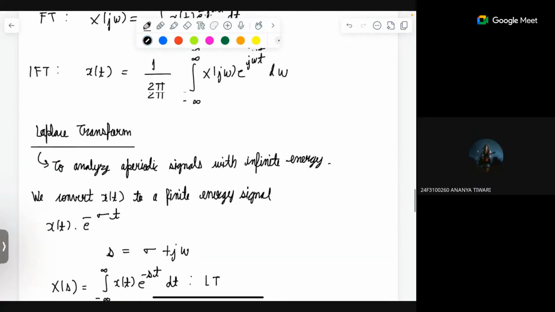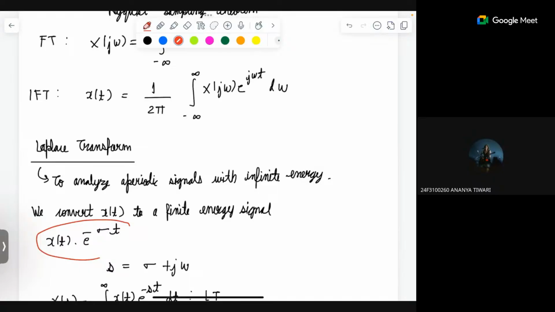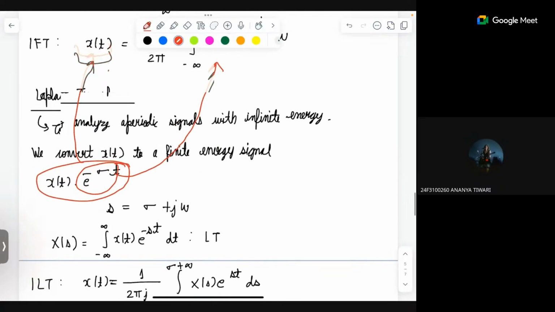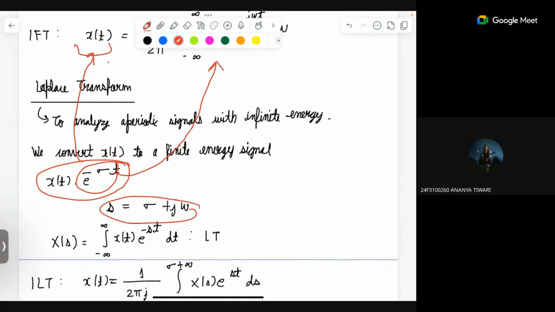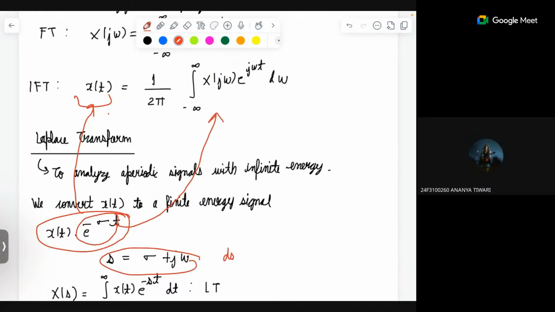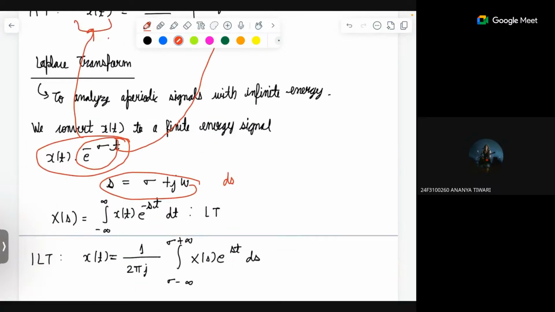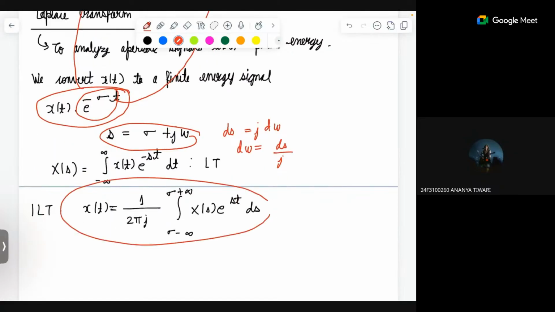So what we do, this is substituted here, then this exponential goes to this side, and then we use this substitution. Since we are converting this integration from omega to s, we will have to use ds is equal to j d omega, or d omega is equal to ds by j, and that is how I get it. And again, the professor has explained it very nicely.